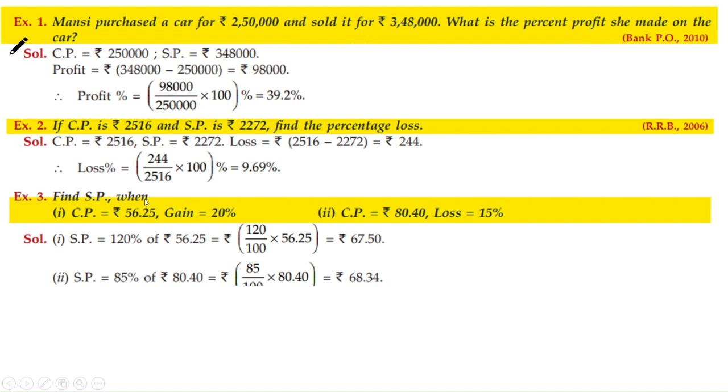Find SP when CP equal to rupees 56.25 and gain equal to 20%. SP equal to 120% of 56.25 rupees, that equal to 120 by 100 into 56.25, that equal to 67.50 paise.